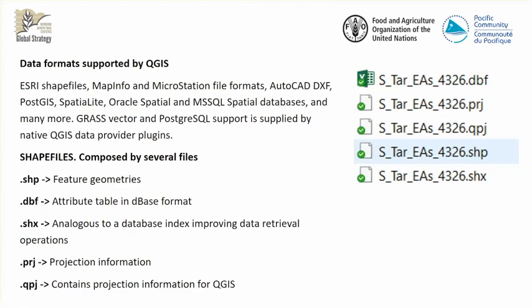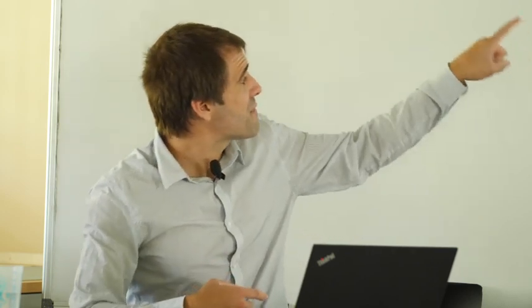If I only send him this, the .shp, my colleague is not gonna be able to open it, okay? Because we are missing information, okay? A shapefile, when we have a layer open in our GIS software, the GIS software is retrieving information from these five files.